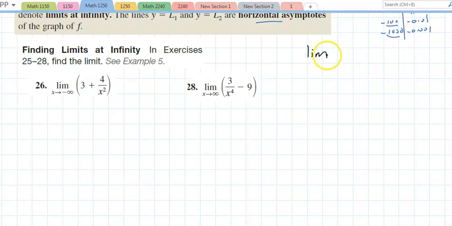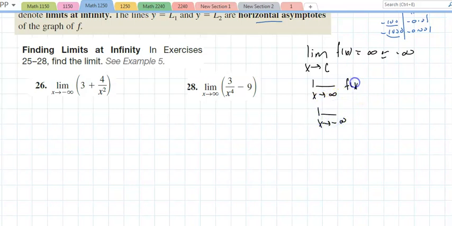If I take a limit as x approaches a number, or the limit as x approaches infinity or negative infinity, if in my limit there is a number and an infinity, as long as there is a single number and a single infinity, then that's really an asymptote.